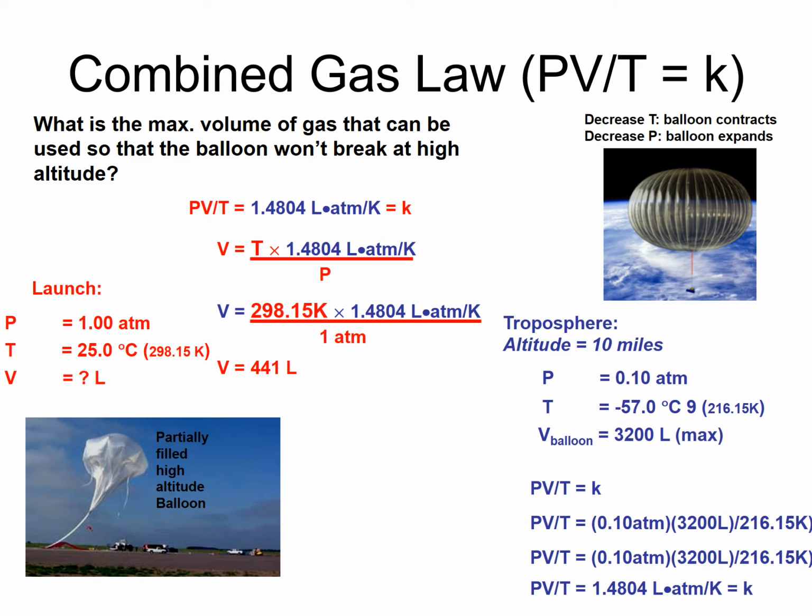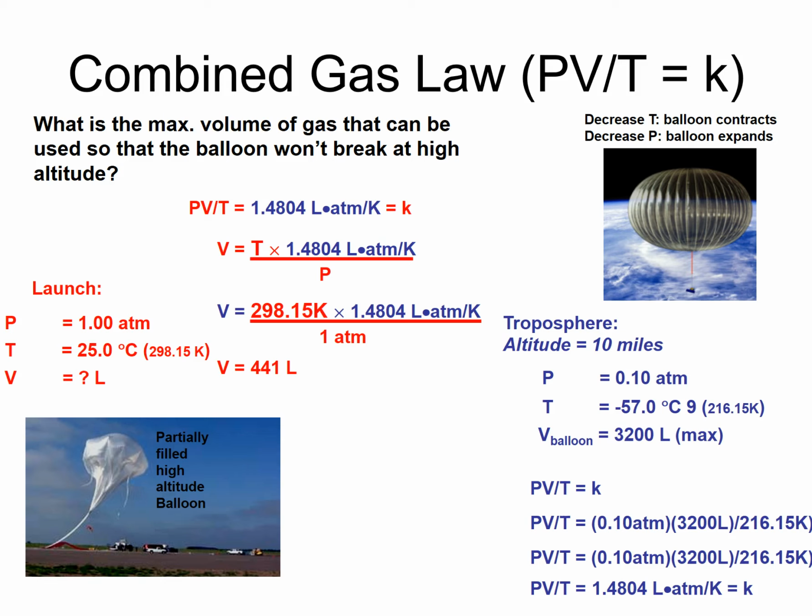Let's try to wrap this all up and think about what it means. The scientist who fills the balloon needs to be sure that they put no more than 441 liters of helium into that balloon at the beginning before launch. To put in any more than 441 would mean that when that gas expands, it would expand to a space much larger than the volume of the balloon, which we found was 3,200 liters.